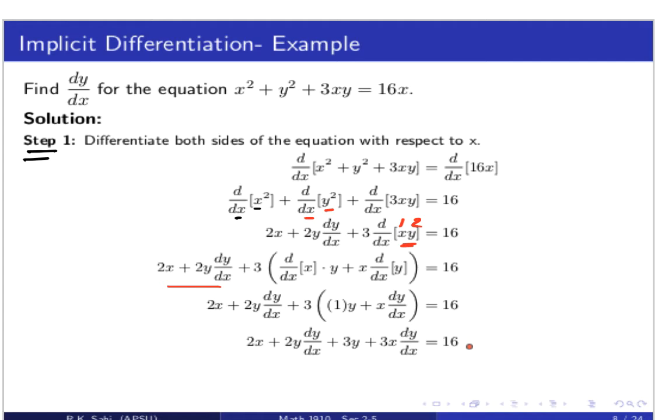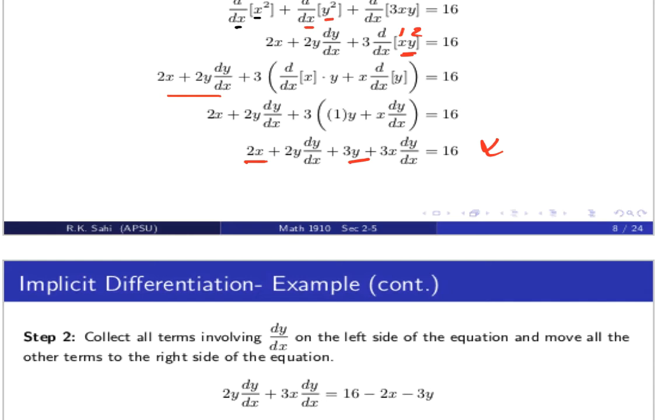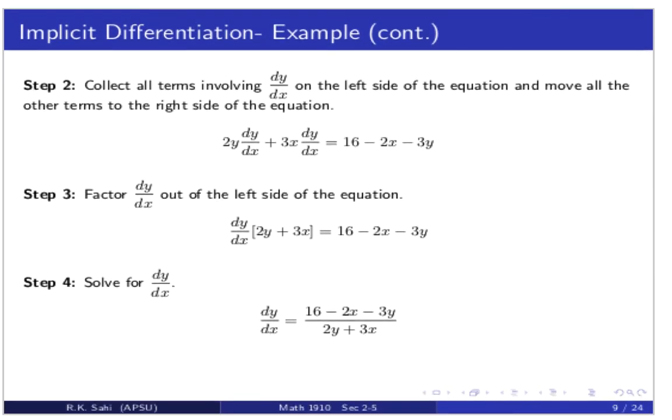So the next step in implicit differentiation is you put all the dy by dx terms on the left side of the equal sign and take the rest of the terms to the right hand side. In other words, 2x and 3y will go here on the right side. So what do we get? 2y times dy by dx plus 3x times dy by dx equals 16 minus 2x minus 3y.